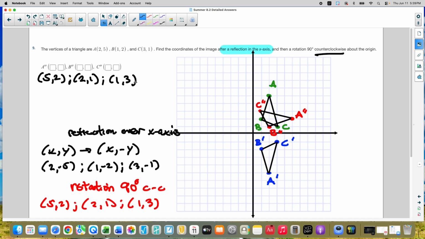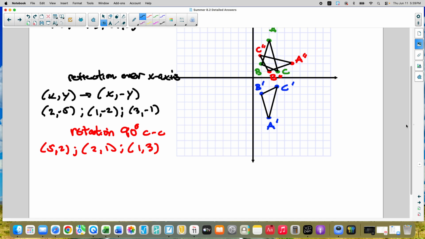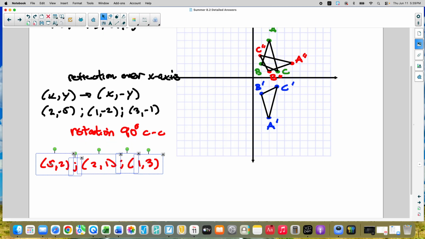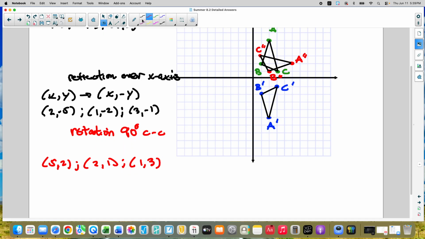And let's talk about that rotation. What was the mathematical aspect of this rotation? Let's move you guys down a little bit. The mathematical is you take your x, y value, and what did we do? Well, first of all, we flipped it, correct? And it became the opposite of y, comma, x.